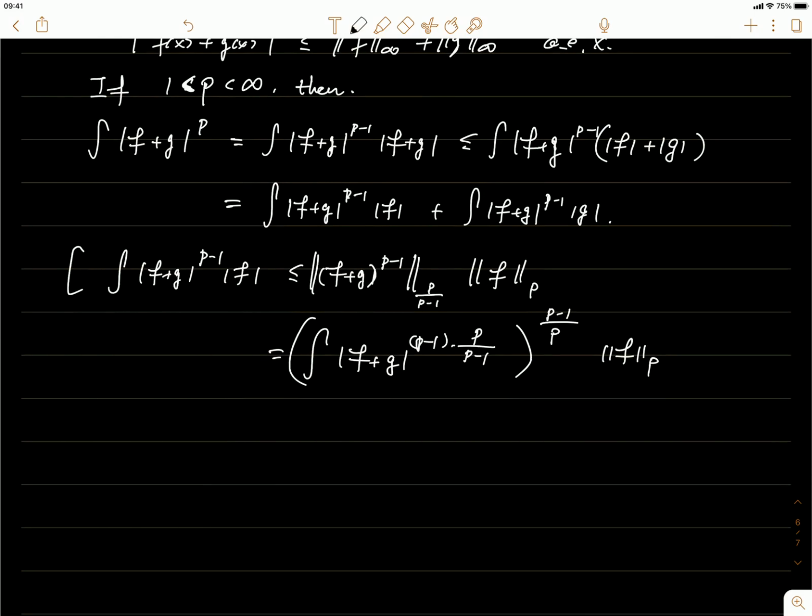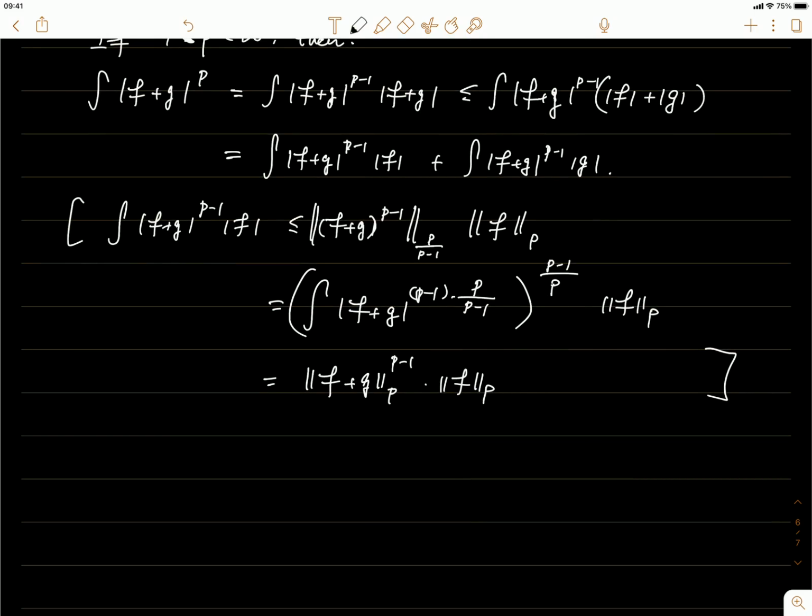Now I can see that this will cancel, and I have just the p-th power left for this, and then I have another 1 over p outside as the power, and a p minus 1 as extra. So it's just the p-norm of f plus g to the power p minus 1, times the p-norm of f. Similarly, we can show the second term.